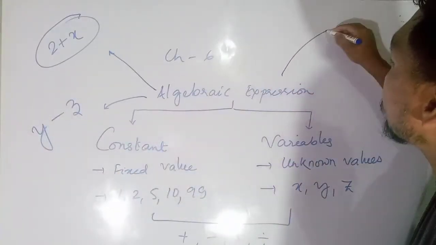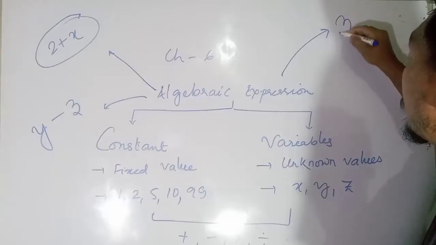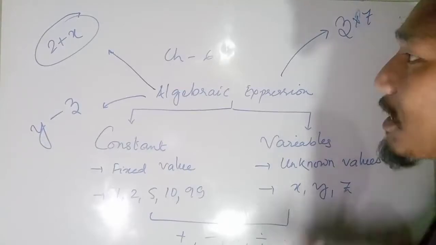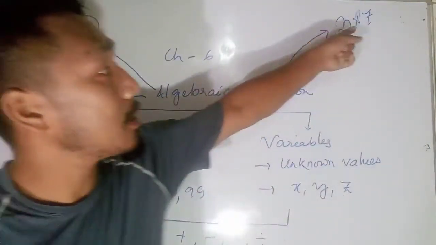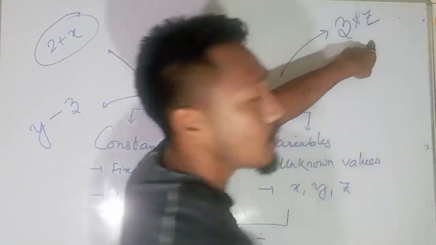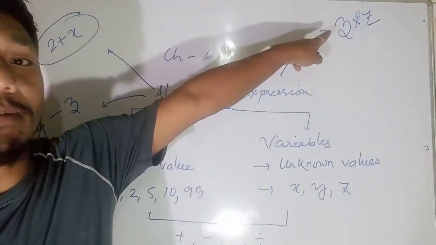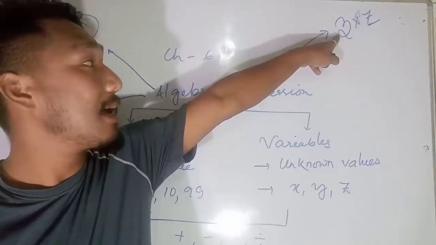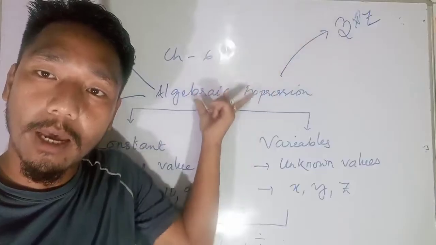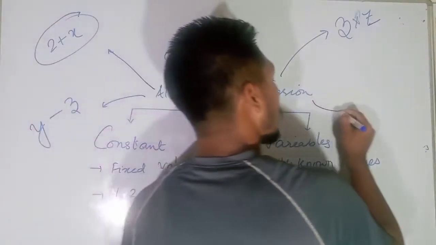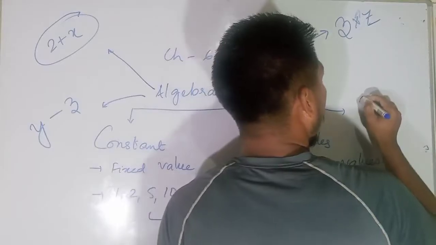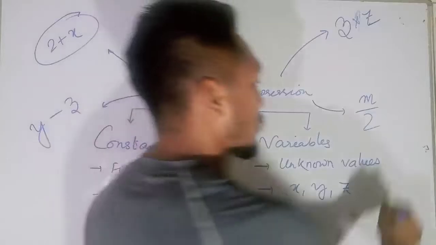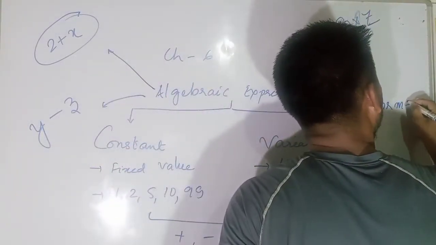Now, 3 into z. This is connected by the multiplication sign. Such an expression we call an algebraic expression. Now the next one, m divided by 2, or you can also write m dividing 2.